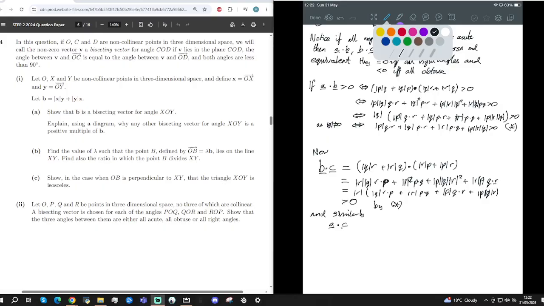And I don't think greater than 0 actually made any difference here. If I replace that greater than 0 with less than 0, the whole argument would have gone through in exactly the same way. And if I replace it with equals 0, the argument would have gone through in exactly the same way. So we're done.